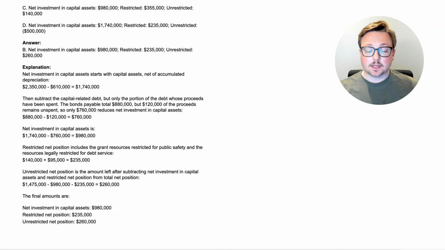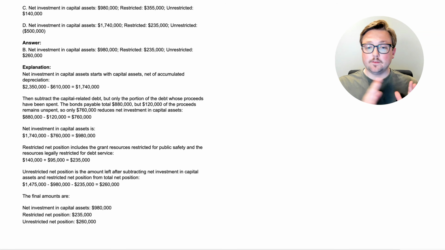Net investment in capital assets, we'll start with that, starts with capital assets and is net of accumulated depreciation. So first we get the net capital assets, and that's $2,350,000 less the $610,000 of depreciation, and that gives us $1,740,000. Then we subtract the capital-related debt, but only the portion of the debt whose proceeds have been spent.